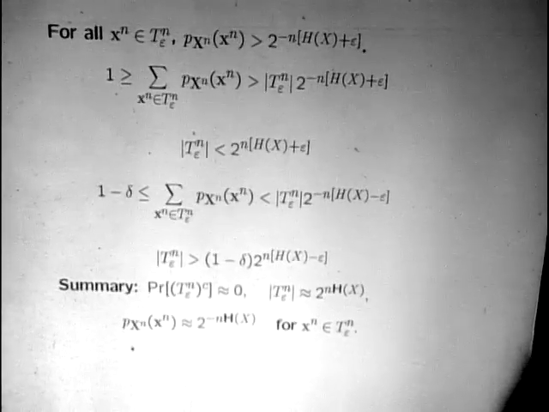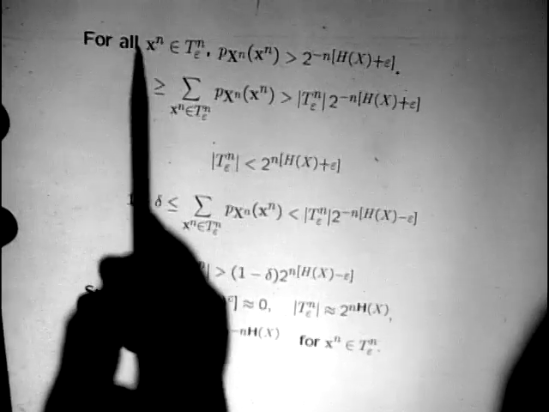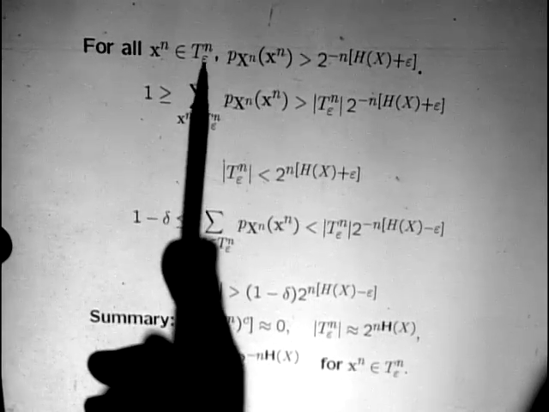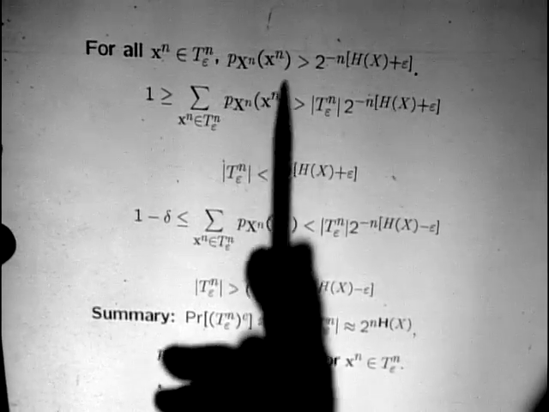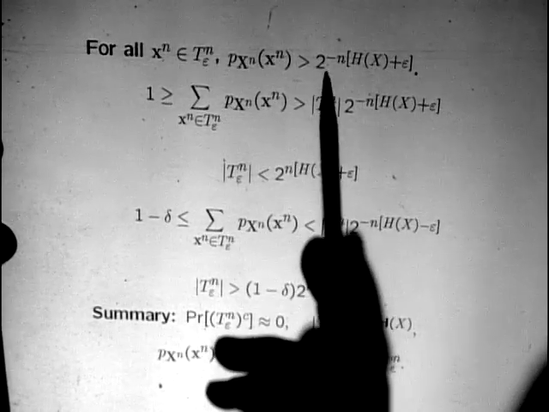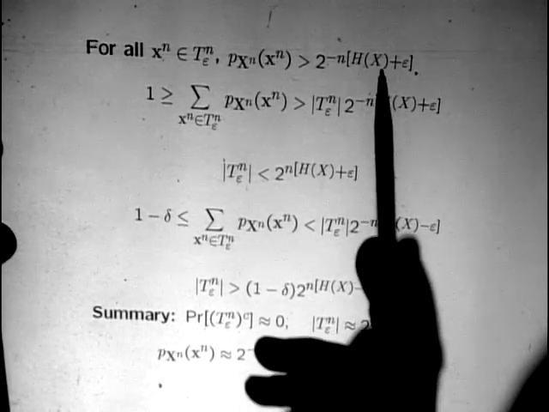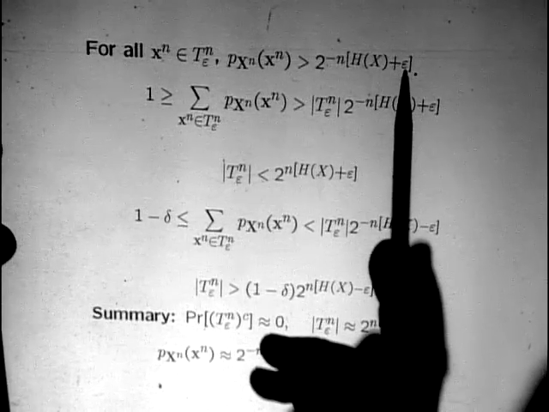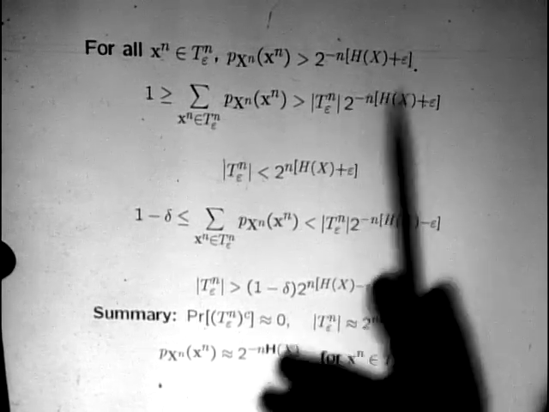Okay, so let's plow ahead. We'll stop for an example pretty soon, but if I have a sequence which is in the typical set, we then know that its probability is greater than 2 to the minus n times h of x plus epsilon. Okay, that's what we said before.